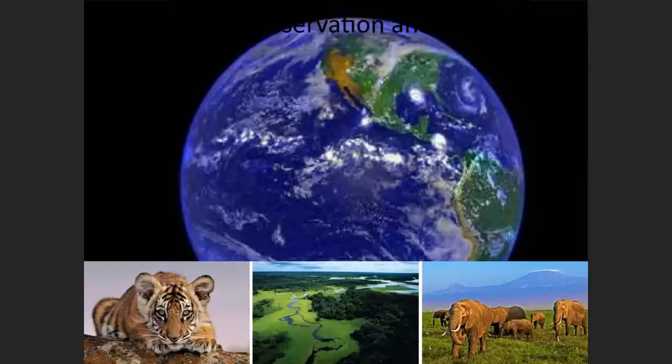So let's get into this. In your book, this would be chapter 21. We've obviously skipped a lot to get here, and it's very abridged. But we're going to be talking about conservation, extinction, biodiversity.